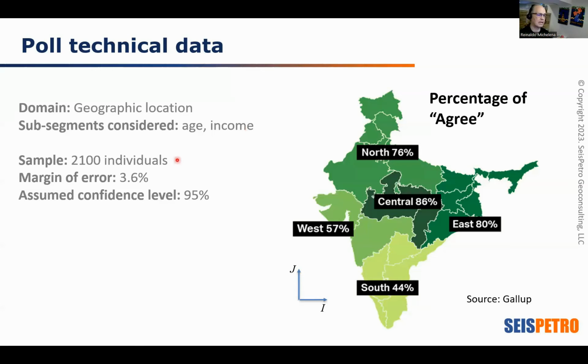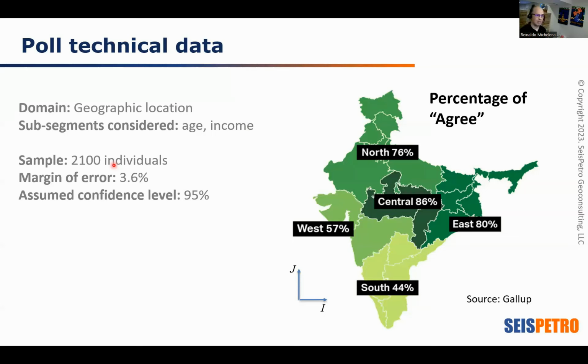This is remarkable: for a country with a population of about 1.4 billion people, they can get meaningful answers that help understand attitudes of the population with only a fraction, 10 to the minus 6, of the whole population.